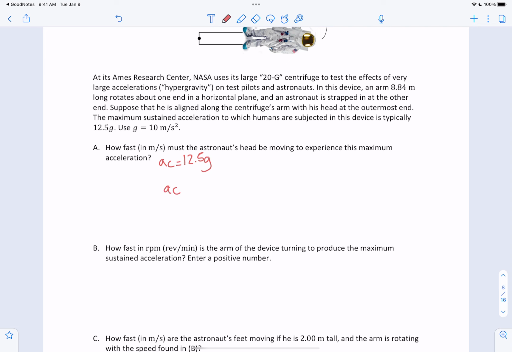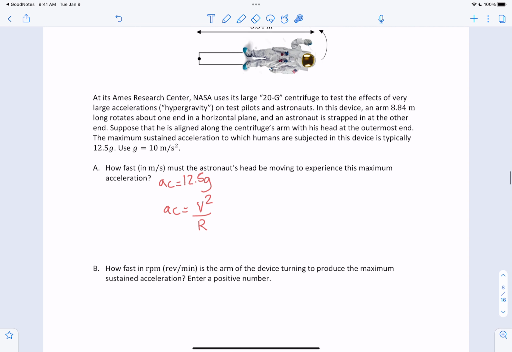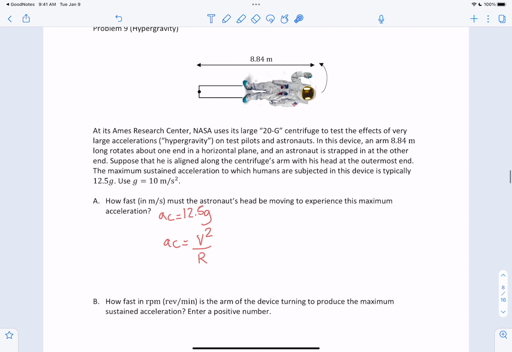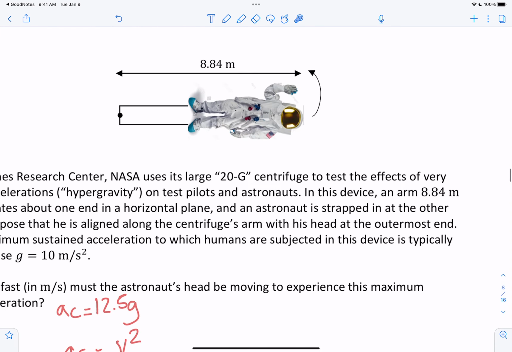Now, if we're asking how fast in meters per second his head must be moving to experience the acceleration, then we're looking for speed, right? We know that centripetal acceleration is equal to v squared over r, so we're just solving for v here. And we have our r, because from the pivot, from the arm itself, all the way to his head, it's 8.84 meters.